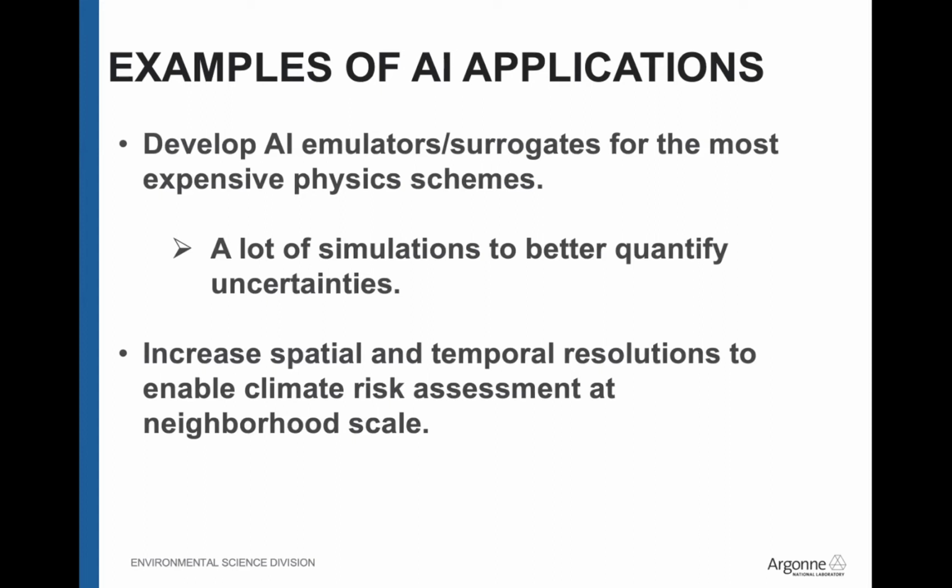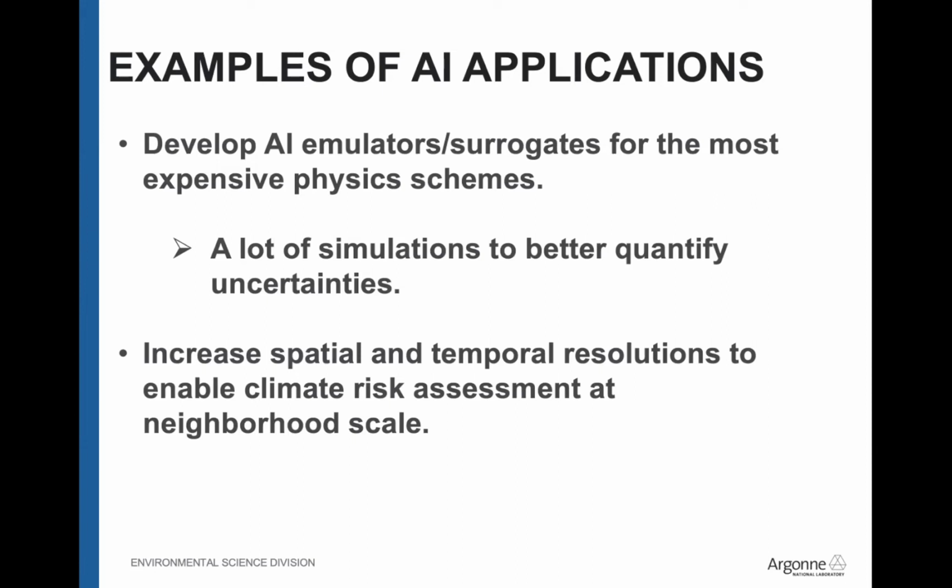It still has lots of uncertainties from those physics, from initial conditions, from future greenhouse gas scenarios, and all those. And if we can conduct enough simulations, we can understand the range of uncertainties across different simulations.